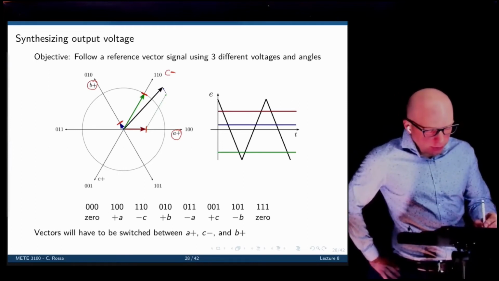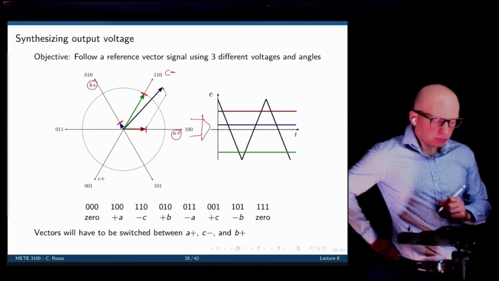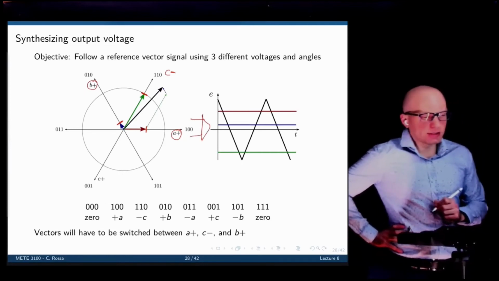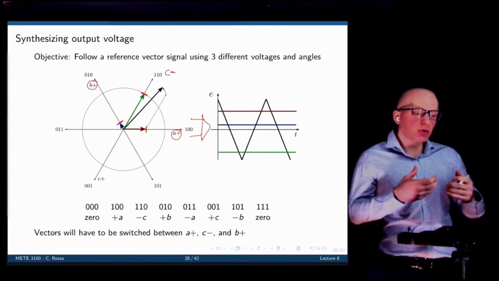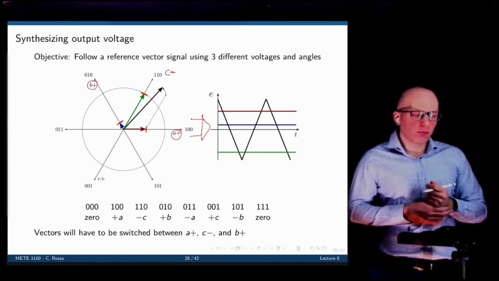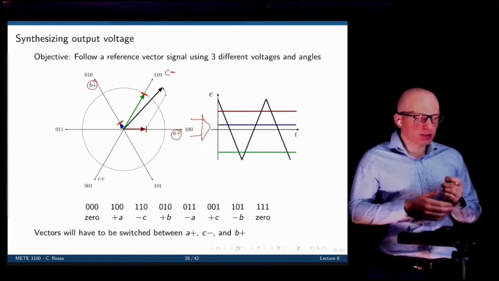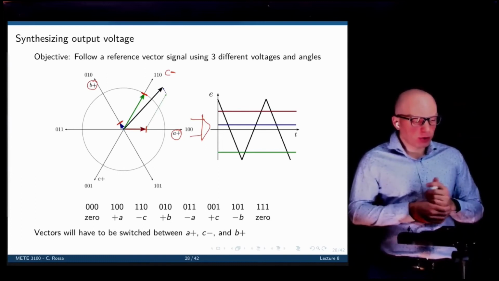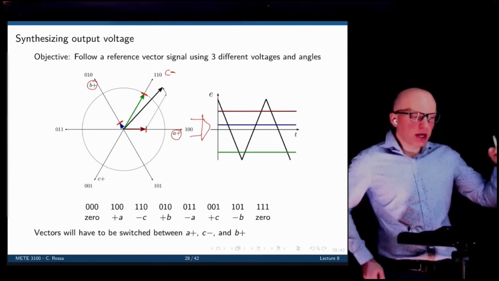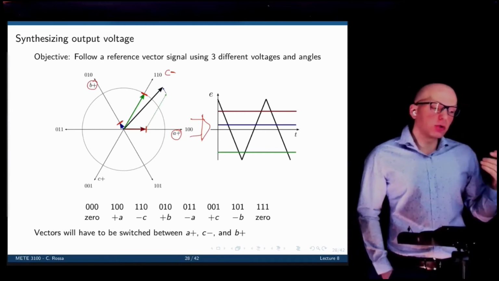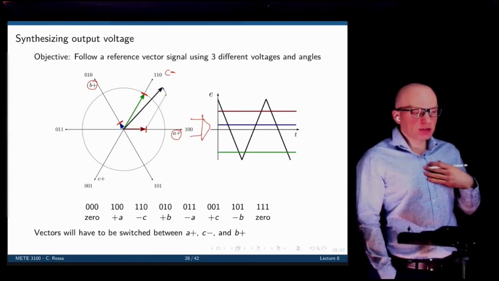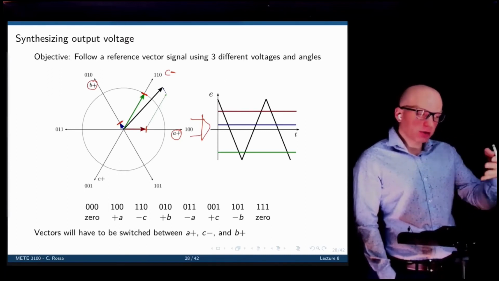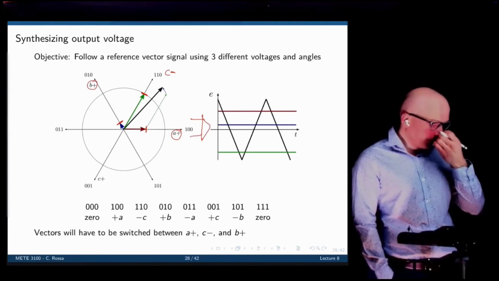Now let's convert these magnitudes into this chart. We are going to use the same idea to create a duty cycle as we used before in lectures 5, 6, and 7. We're going to have this triangular carrier signal, and now we're going to compare the magnitude to the strength of our reference signal with respect to the carrier signal's magnitude.